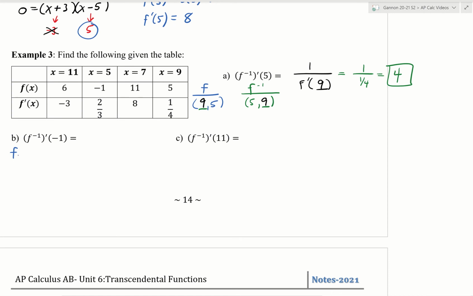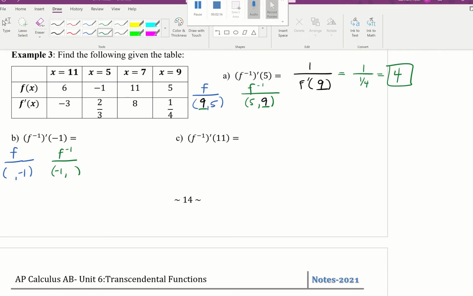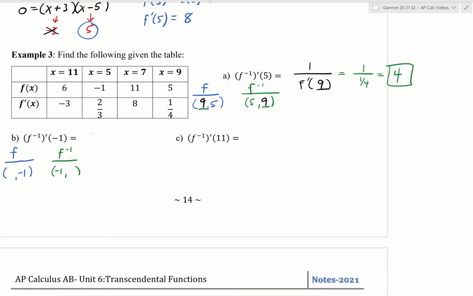So here we have f, which is going to have an output of -1 because the inverse has an input of -1. So we are looking for 1 over the derivative of f at that unknown value.